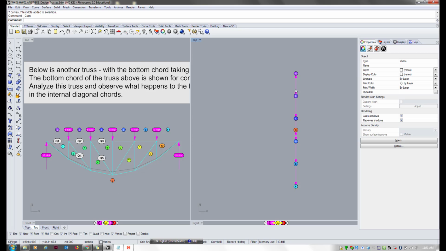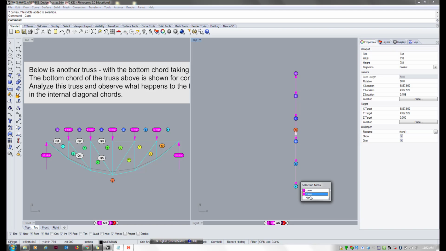And I've already mapped the vertical forces here. A, B is here, B, C, C, D, D, E, E, F, and I've also mapped the reactions, F, G, and G, A, right? So I would like to start the analysis from this point.